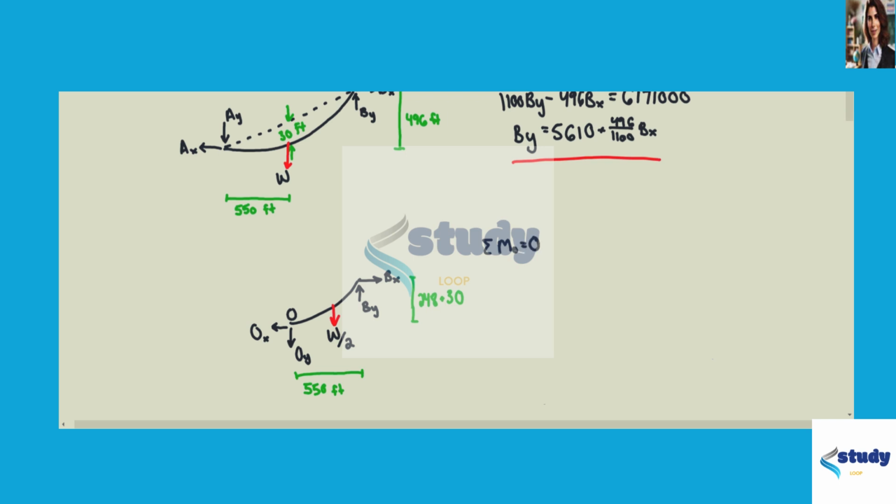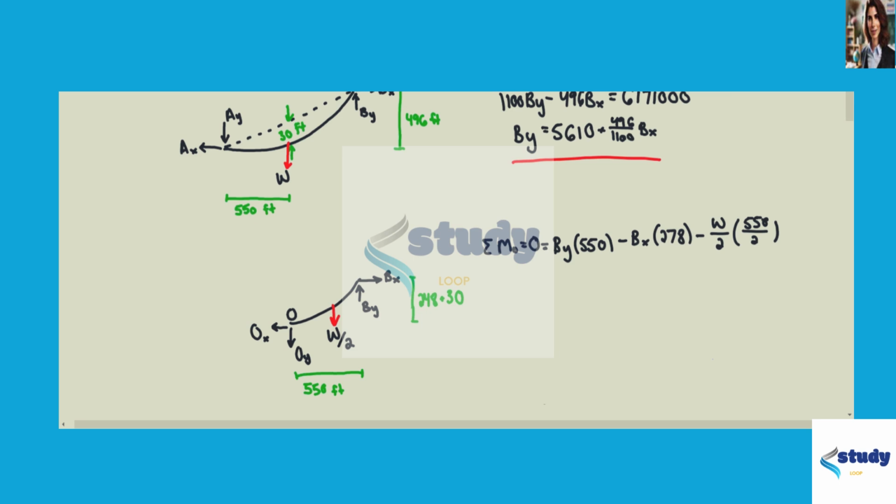So this equals By times 550 feet, because there's 550 feet in the horizontal direction between O and B, minus Bx times 278, because 248 is half the vertical height from A to B, and then plus 30 because that is the sag in the cable. We're going to subtract the load divided by 2, because we're only dealing with half the cable, times 550 divided by 2, because that is the horizontal distance between the load at the middle of the cable and O.